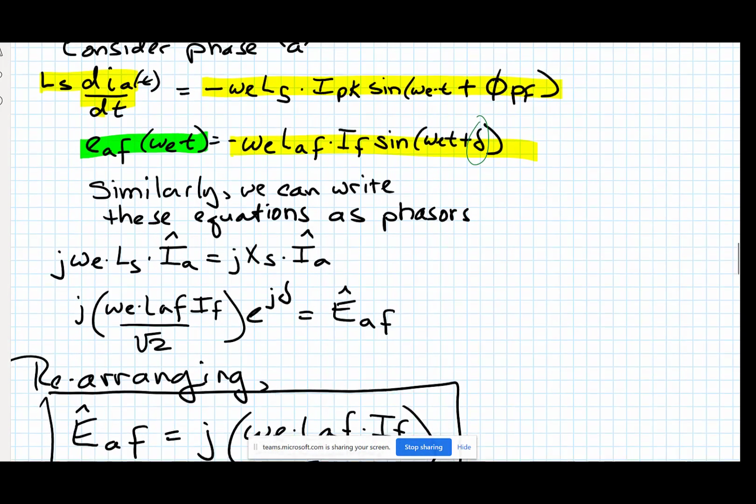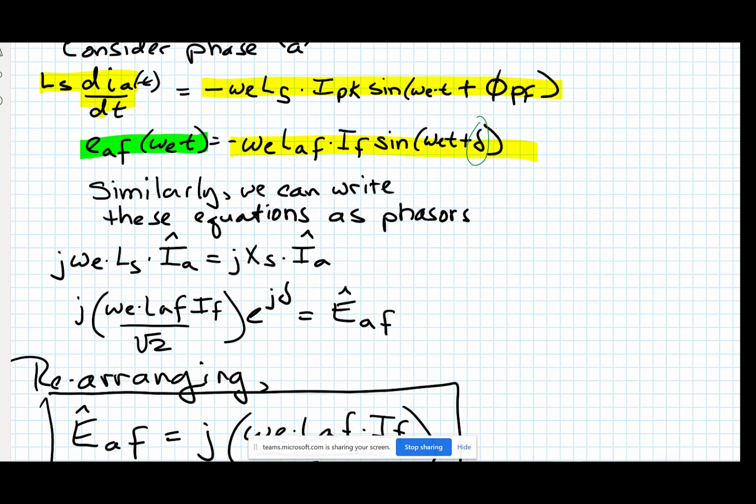from the last lecture. What you end up with if you convert these to phasors, this was a review right here from the last lecture, this one that I'm highlighting green. If you take the derivative, if you convert that derivative to a phasor, you get this function, and then you get the other voltage drop across the reactance function here.